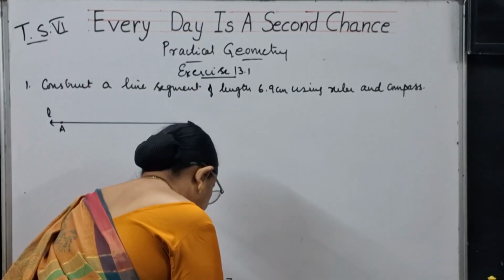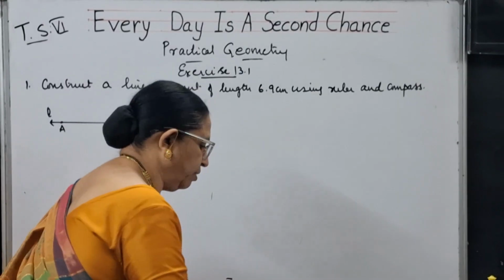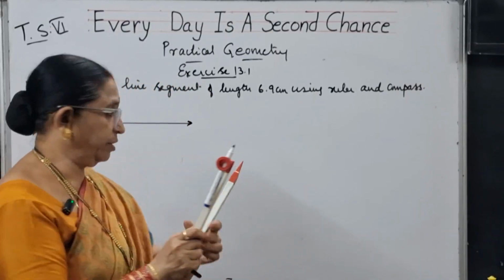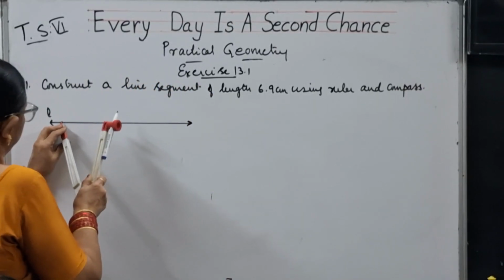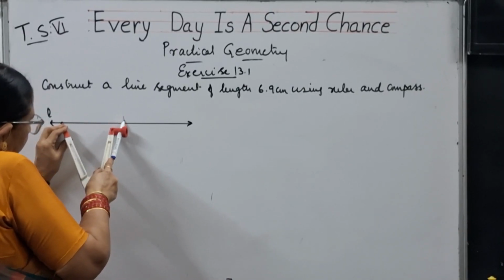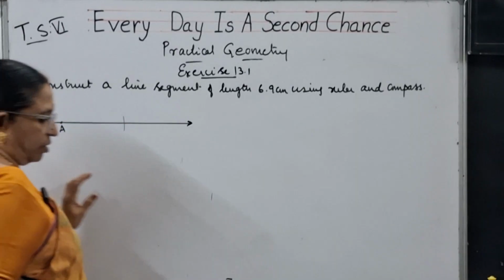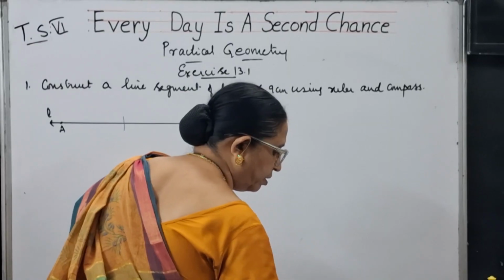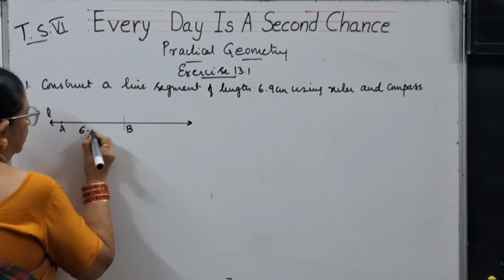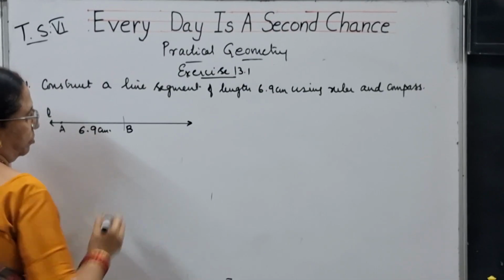So this measure is 6.9 centimeters. So A as a center, 6.9 centimeters, I should draw an arc. So this is B. So AB is 6.9 centimeters.